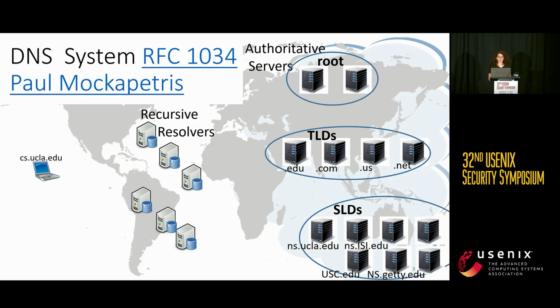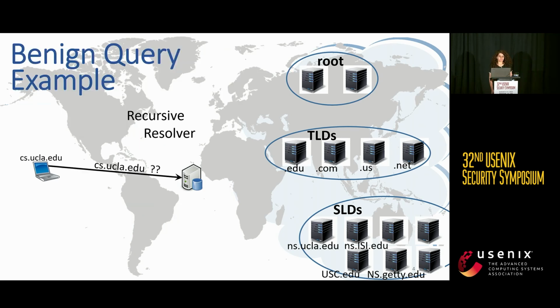So first, let's look at the DNS at a very high level. The DNS system is divided into three main parts: the clients, recursive resolvers, and authoritative servers. If we look at the benign query flow, first the client queries the resolver about the wanted domain.